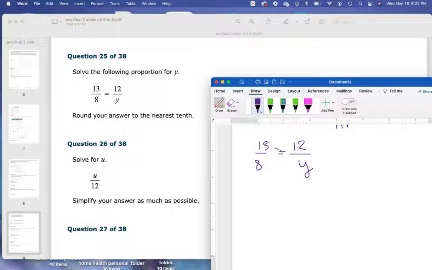So we're going to cross multiply. 13y equals 12 times 8 is 96. Y is, divide by 13 on both sides, 96 divided by 13. And let's go ahead and do that division.